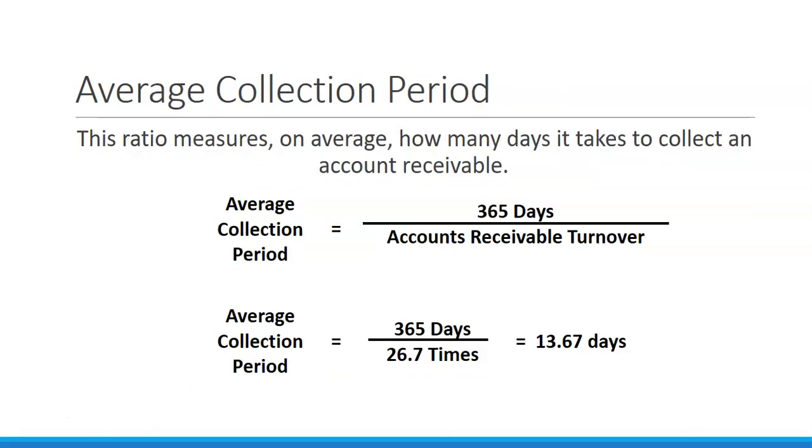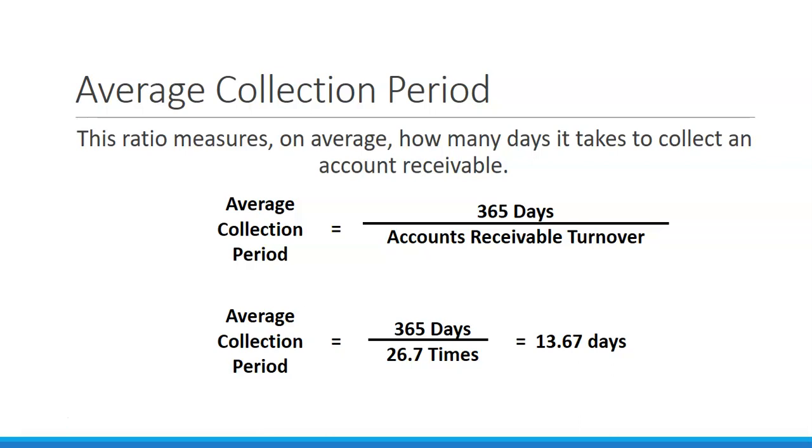Average collection period is 365 days or 360 days, which is the accounting year. Different textbooks ask for different things, either 365 days or 360 days. This textbook uses 365 days, but the business finance textbook uses 360 days. So it's 365 days divided by your accounts receivable turnover.